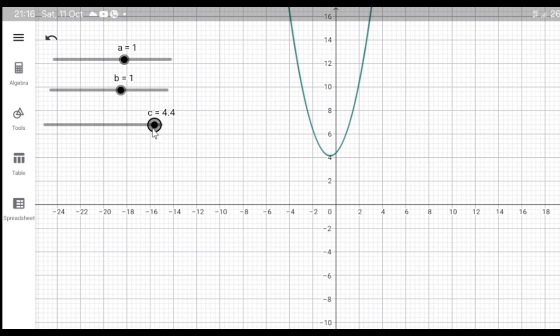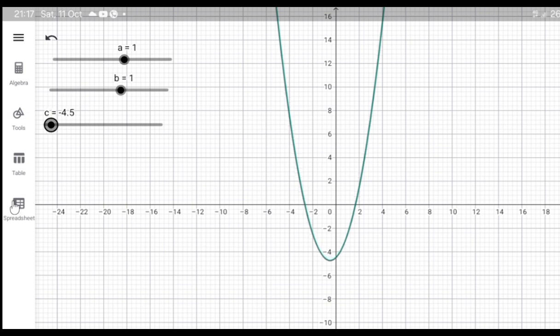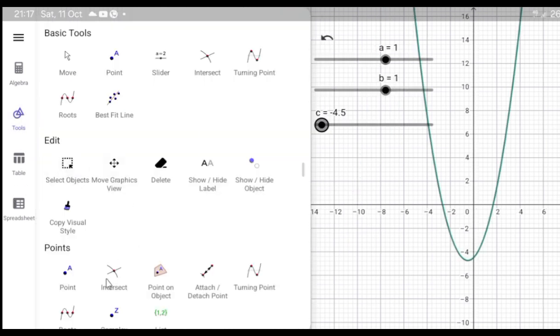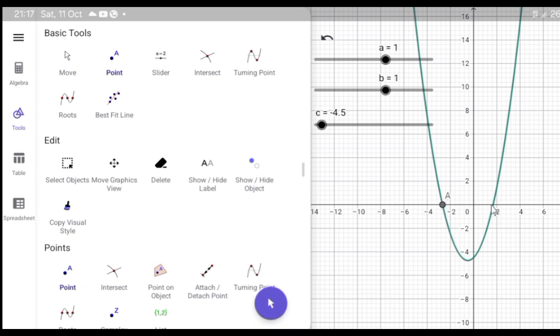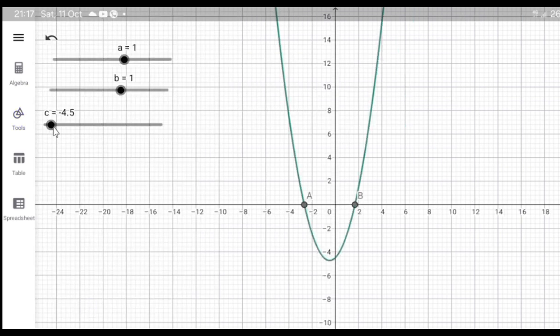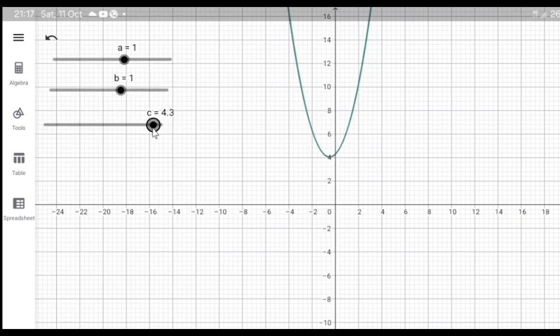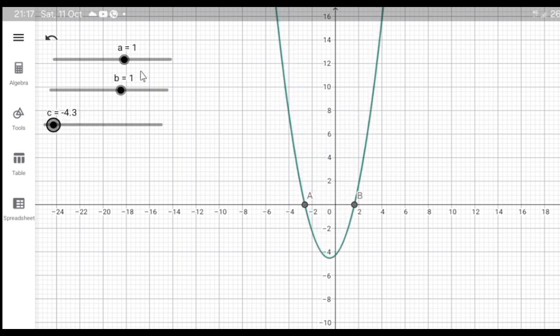At this point, you can be expecting a complex root, because for you to get a root, the graph must cut the x-axis such that these 2 points, A and B, become your roots. But when it gets too big, there is no root anymore. When it gets here, you see the root.